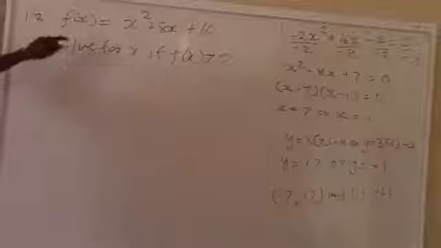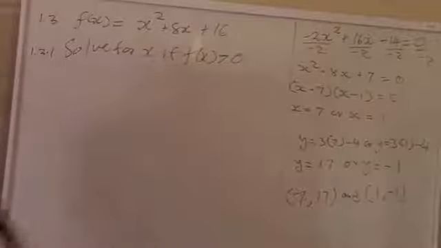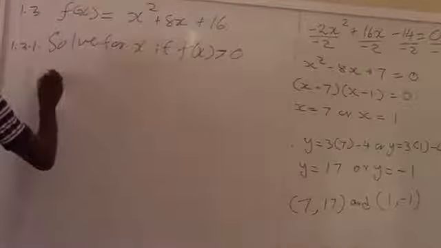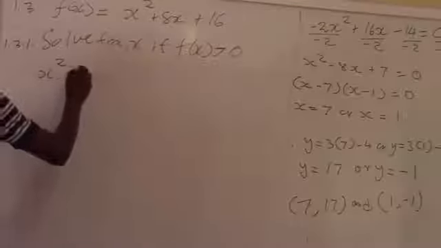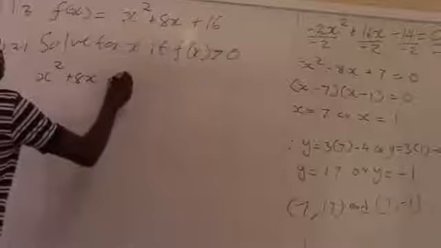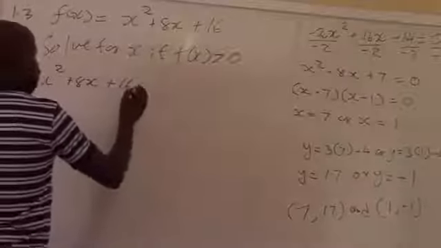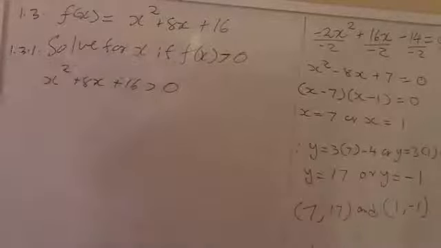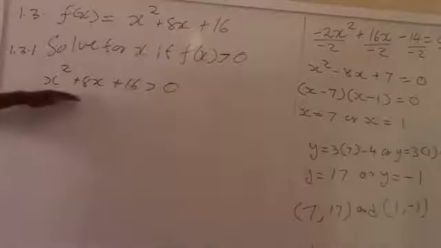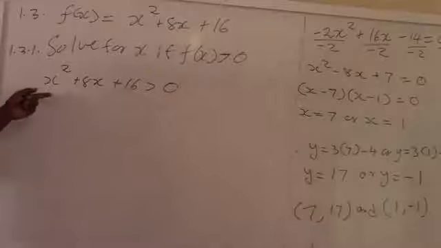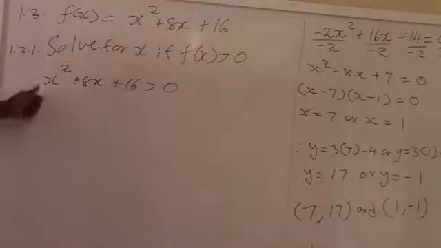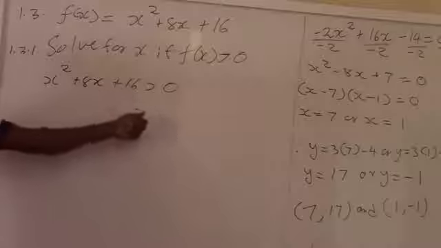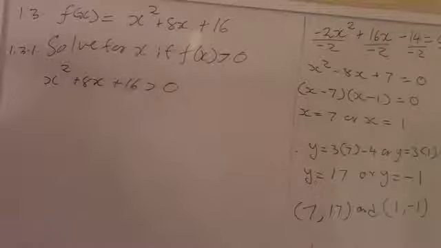So this one is all about the inequality. What is our f of x? Our f of x is x squared plus 8x plus 16 is greater than 0, because that is equal to f of x. So in short, we have to have the x squared plus 8x plus 16 give us greater than 0.